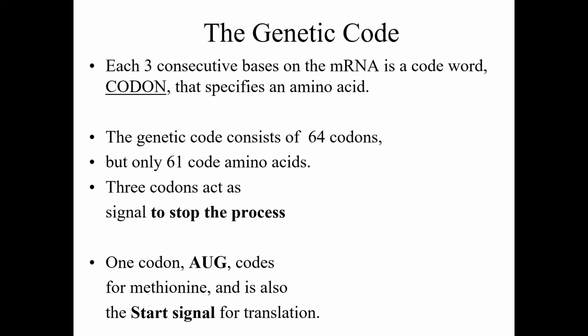So whenever messenger RNA is being translated, when you encounter this codon, the process will be stopped. The stop codons include UAA, UGA, and UAG. Number 1 is UAA, number 2 is UGA, number 3 is UAG. They terminate the process of protein translation, or synthesis.